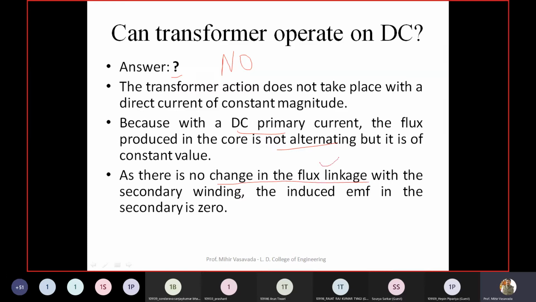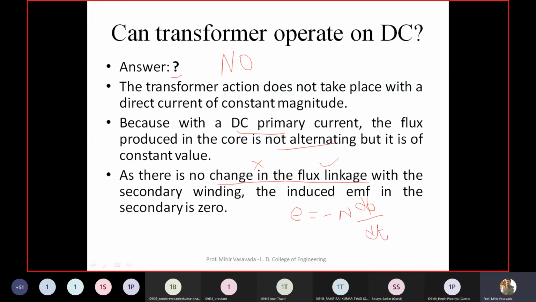Flux linkage is there, but change in flux linkage is not there, because the DC flux produced links with the secondary but is not of changing magnitude. So it will not be capable of inducing EMF, because as per Faraday's second law, the magnitude of EMF is proportional to the rate of change of flux linkage, d phi by dt, not d phi.